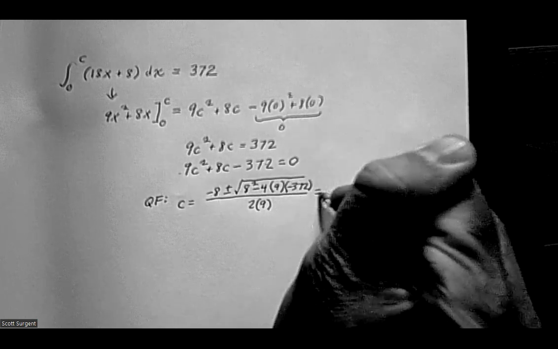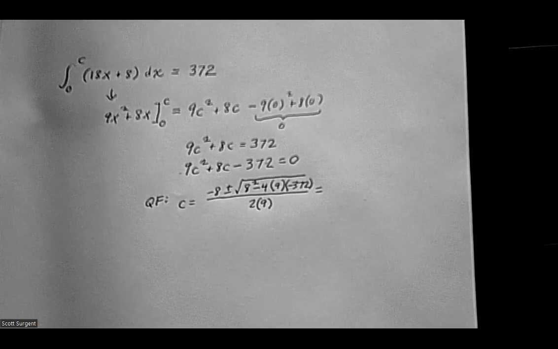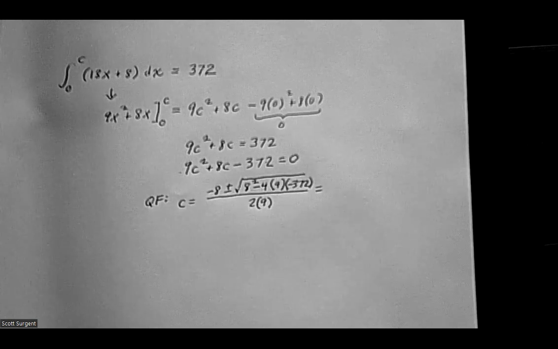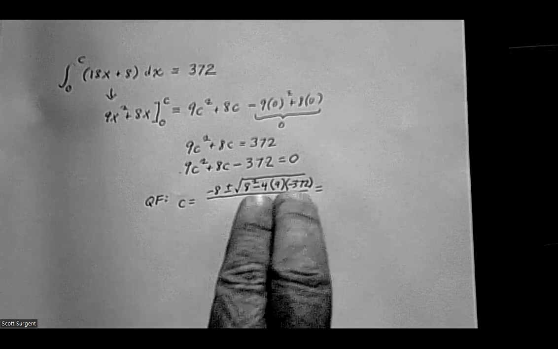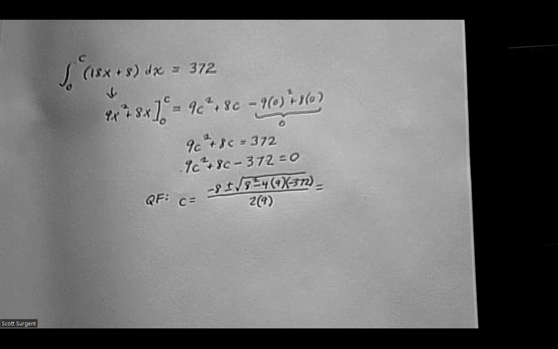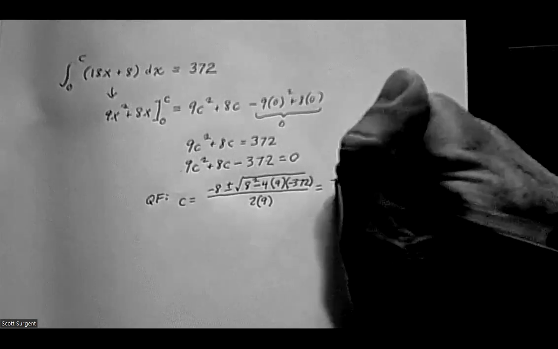So it's going to be a mess. Let me get my calculator here. On the inside here, we have 64 plus, the minuses will make plus 4 times 9 times 372. So you get a crazy number.